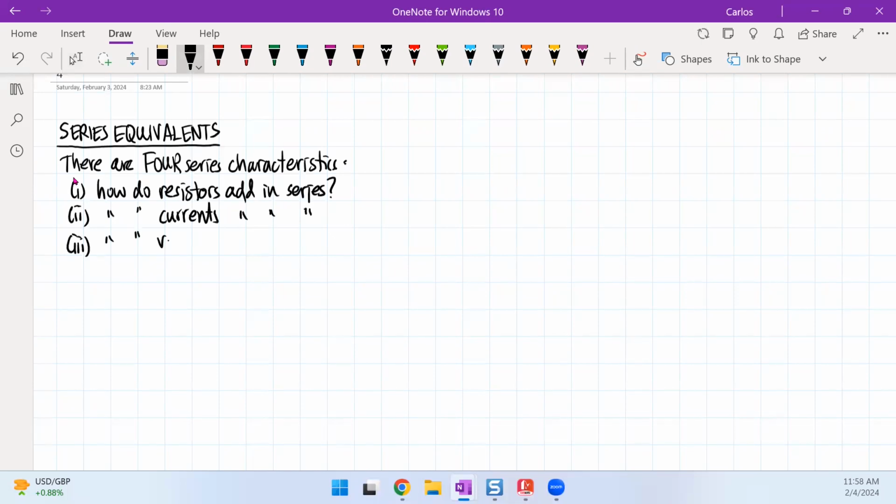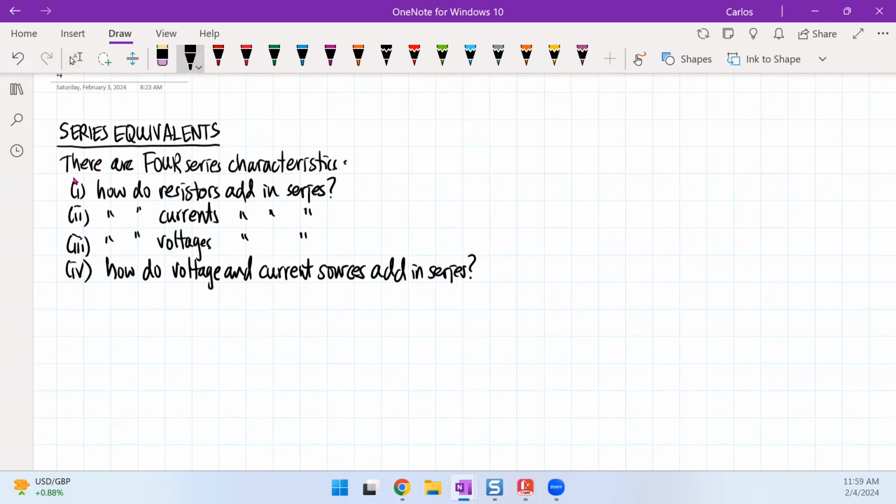How do voltages add in series? And then finally, we ask, how do voltage and current sources add in series?